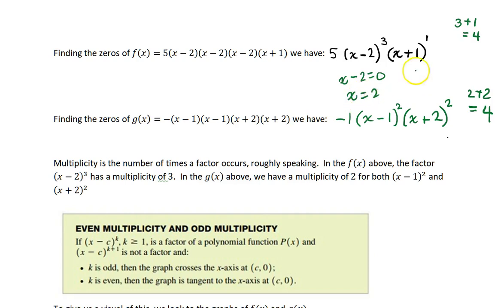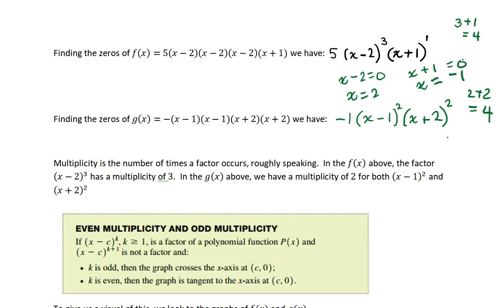Pretty straightforward there. And again, x plus 1 equals 0, and then that's going to become x minus 1. All right, so in those cases, it's pretty straightforward.